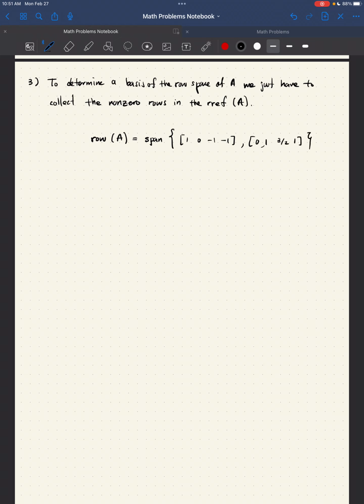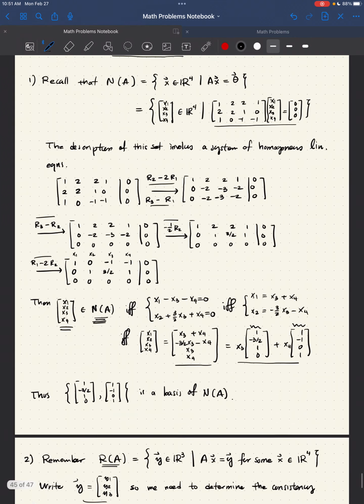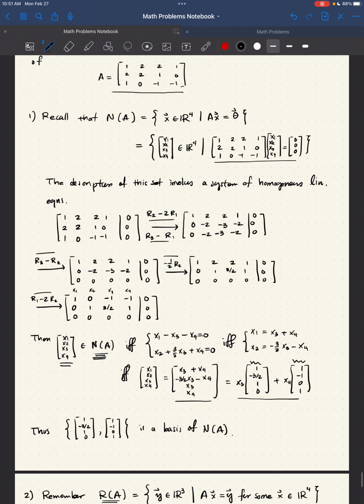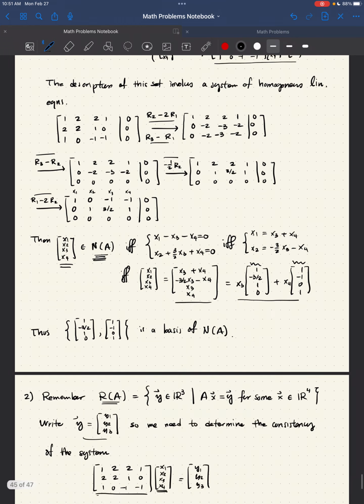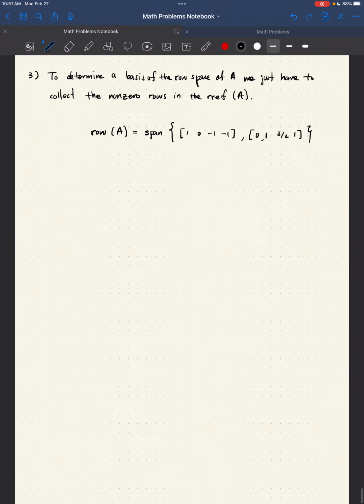Imagine that you simply perform the same operations that we did at the very beginning, but without the augmented 0 vector. Okay? But then, let's not just take it here, because this suggests a method.